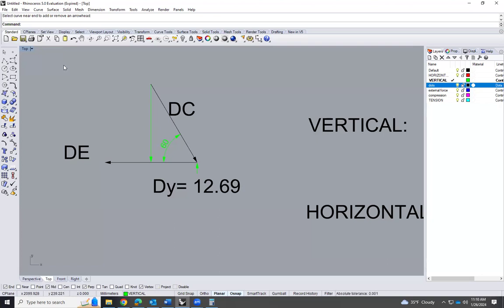And DC has a horizontal component. So the horizontal component is in this direction. So I select this one. I change this to horizontal. And I want an arrowhead here. There you go.